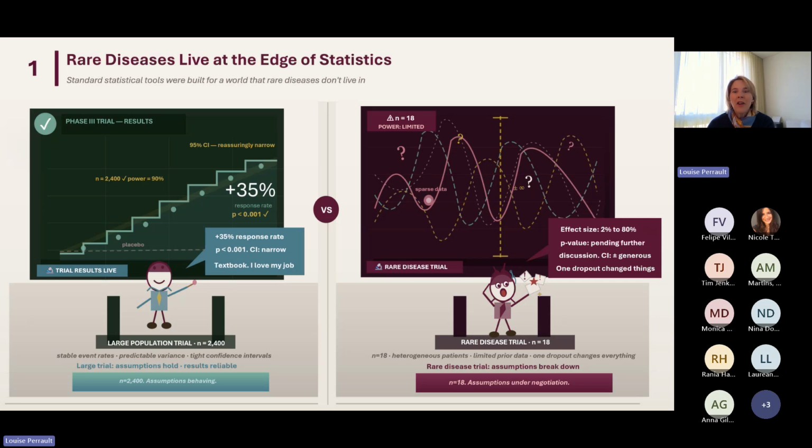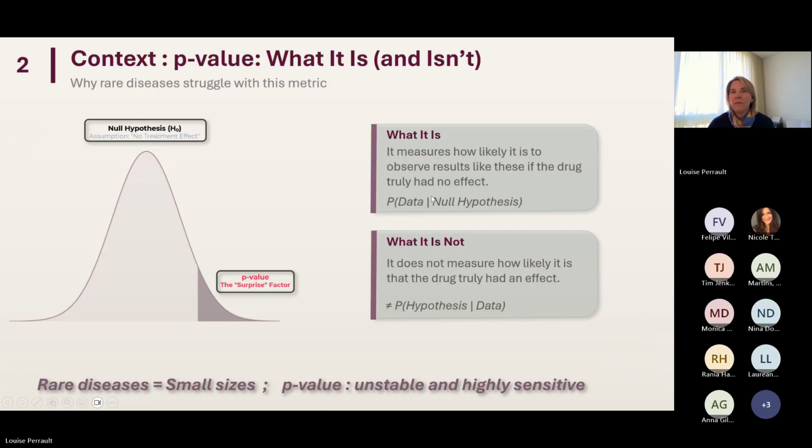So I want to spend a couple of minutes on what a p-value is, and specifically on what is not a p-value. Most of you have seen p-values in trial results your whole career, but I find that even experienced people who work with data day in and day out have a version of its interpretation in their head, and that is their unique way of interpreting a p-value.